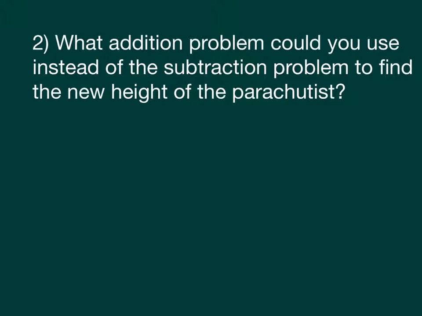The next thing that we have to do is to write an addition problem instead of that subtraction problem to find the new height. So we're adding, regardless of what our two integers are, we know that we're going to be adding those two integers together. Or I should say rational numbers at this point. So the first one, we know we're starting at 130 and 5/6. That does not change.